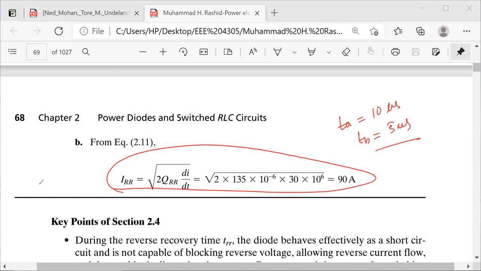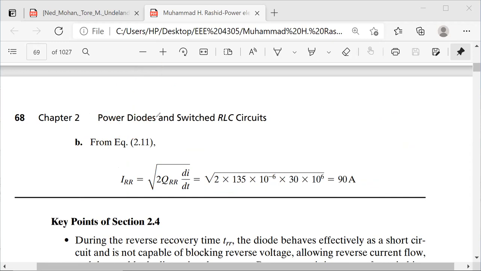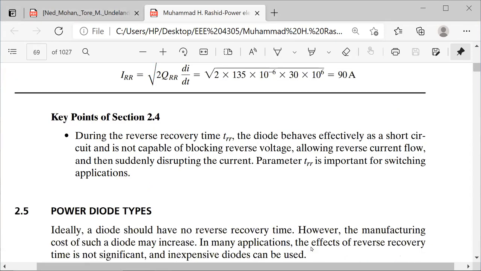Rather, use the geometry, where this is your TA and this will be your TB. This area may be given, so use this area and solve the problem. I can make the question from here. If you go back to previous years' questions, you will see I made the question this way so that you cannot use the formula. Those who use the formula will not get full marks.